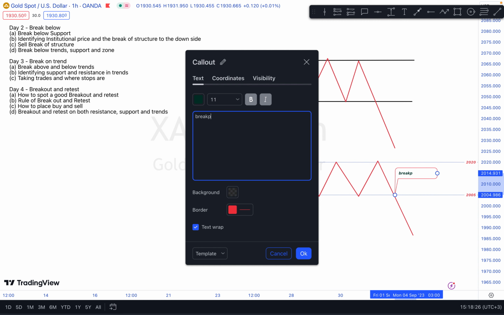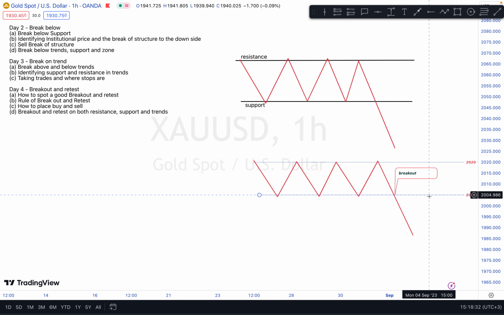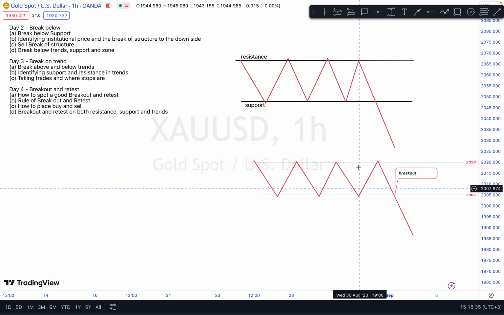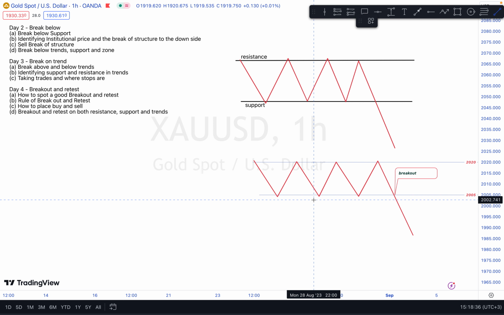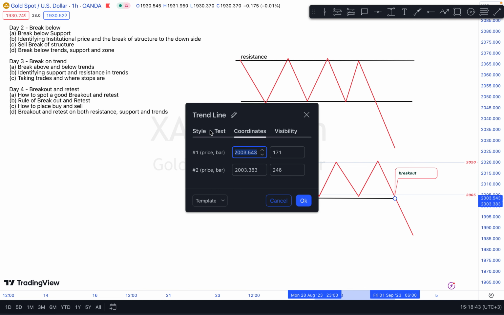And then we have this to be the institutional price. Again, this is going to be our breakout structure, because the structure has been broken. We have that to be a break of structure no matter what.